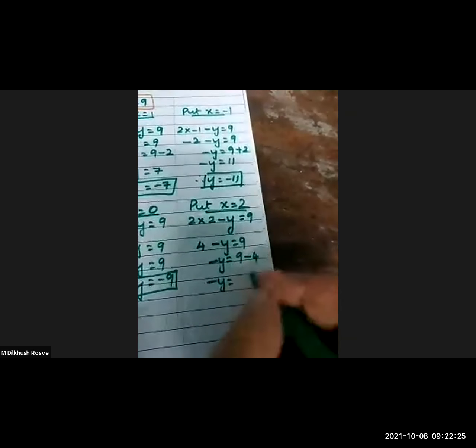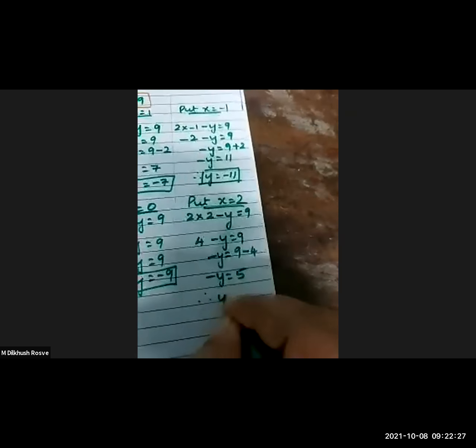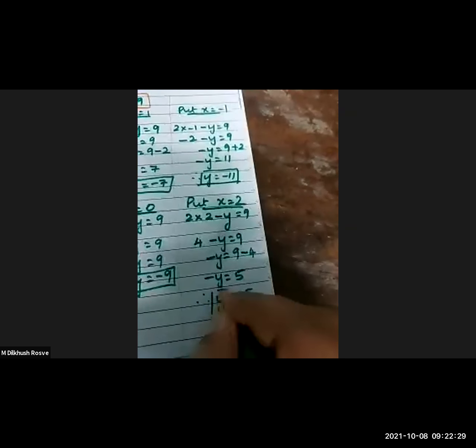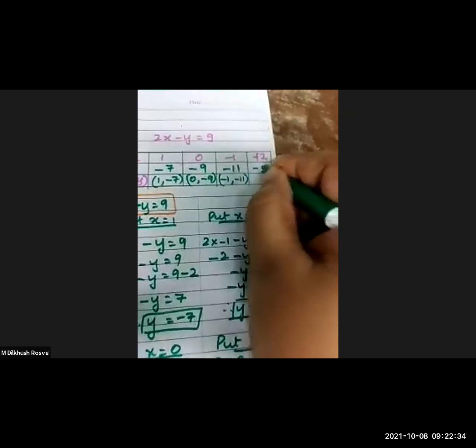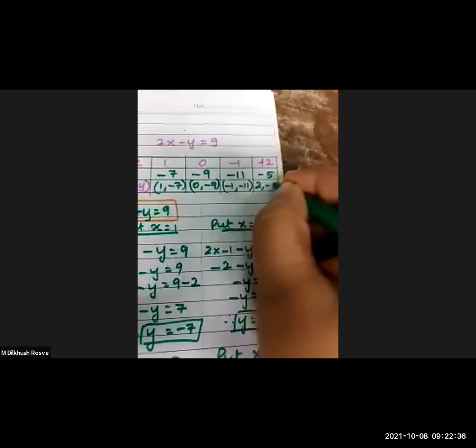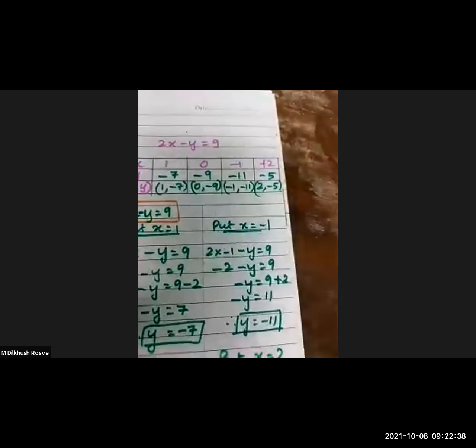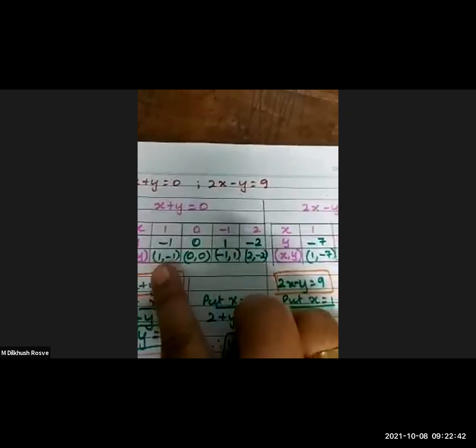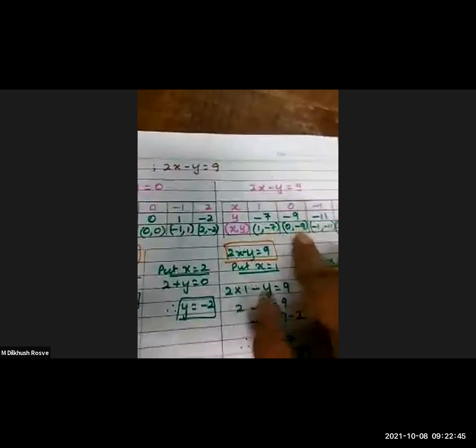Minus y equal to 9 minus 4. 9 minus 4 means 5. Therefore, y equal to minus 5. So 2 comma minus 5. Clear, children? So we got the points 1, 2, 3, 4 here. Here also 1, 2, 3, 4 points we got.